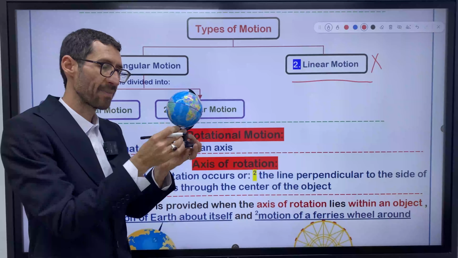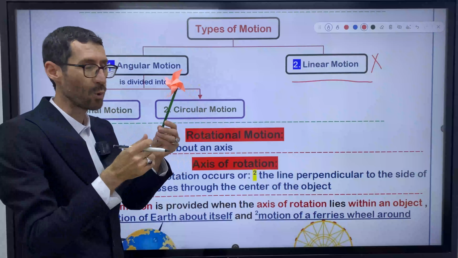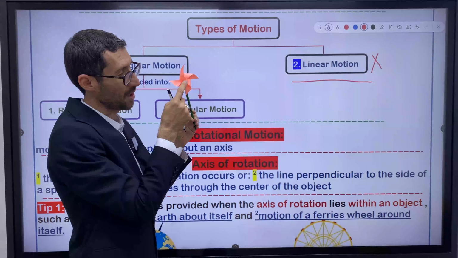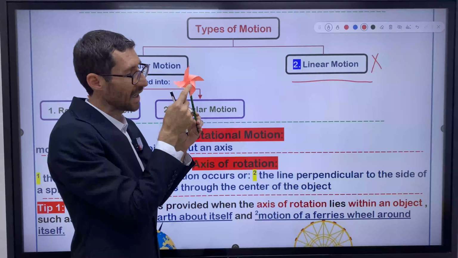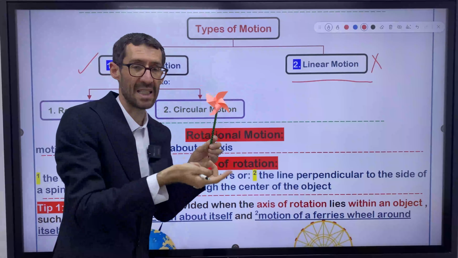This is called the axis of rotation. About the pinwheel, this pin is the axis of rotation. So it's a straight line about which an object rotates.